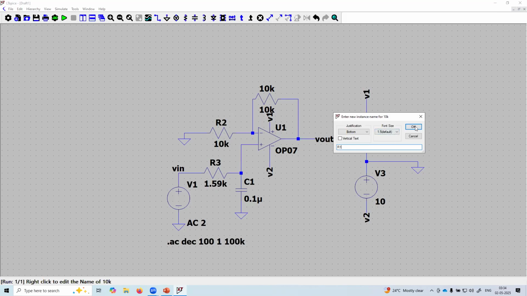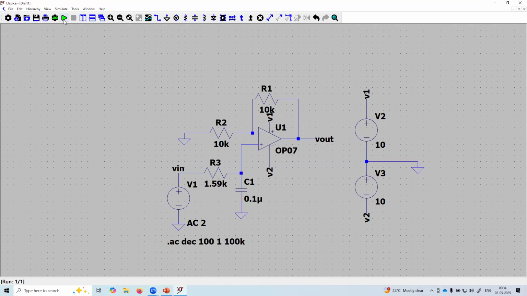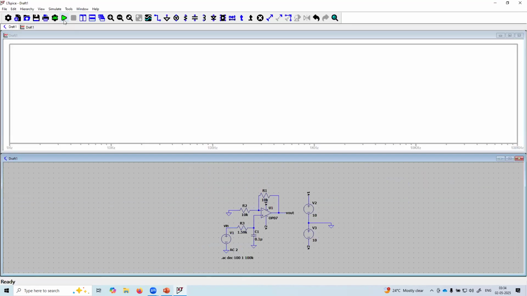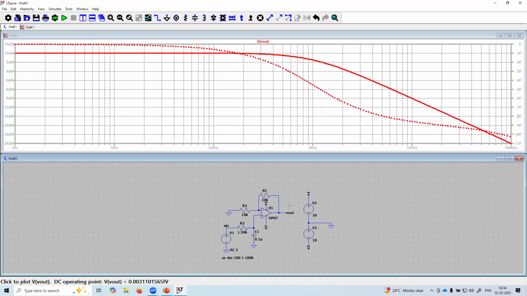Now I think it's going to work. Yes. So here I have to probe the V out. Now you can see the output.